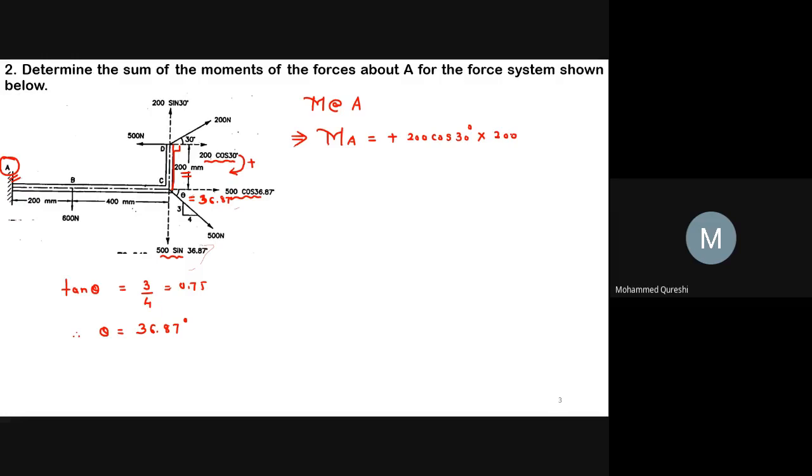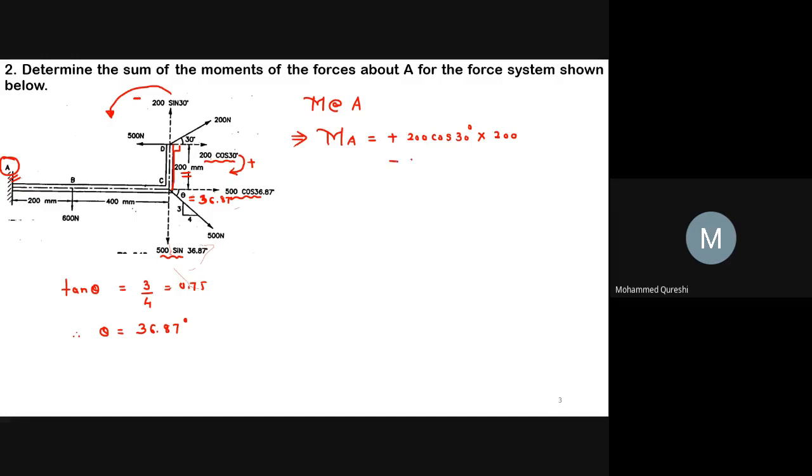Now we will go for the second force, that is 200 sine 30. So this force will move towards A in this direction, and this is nothing but your anti-clockwise direction. So this force will be minus.